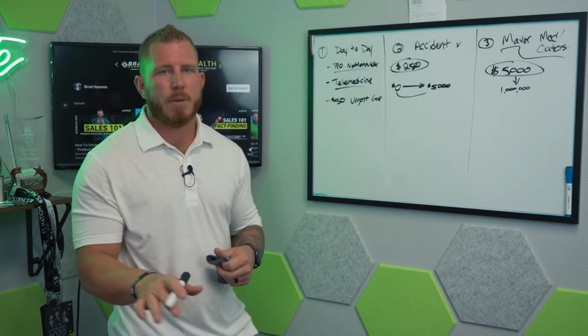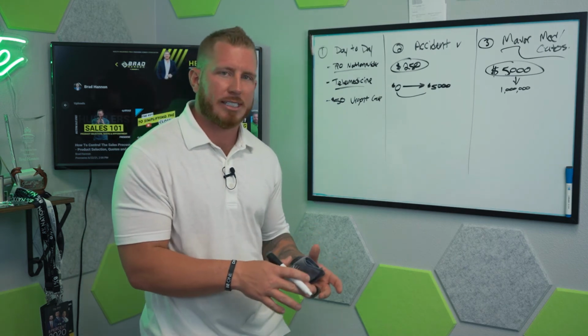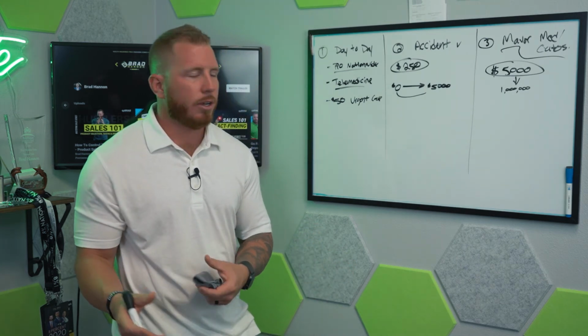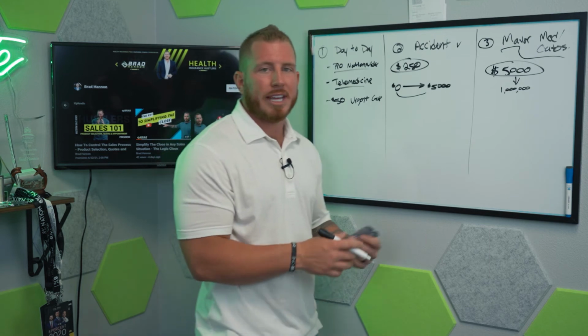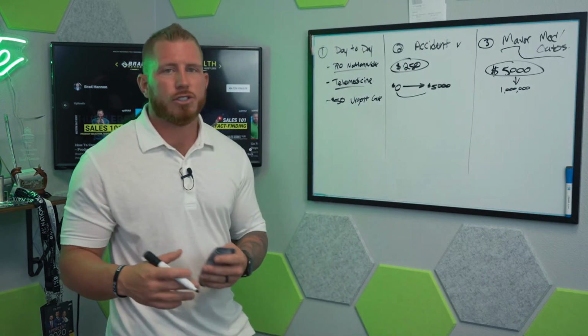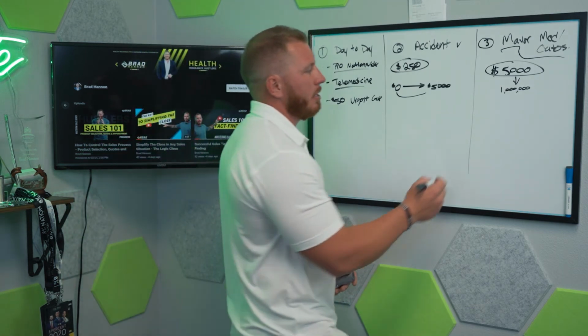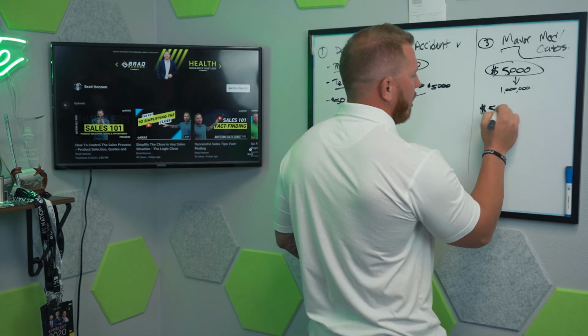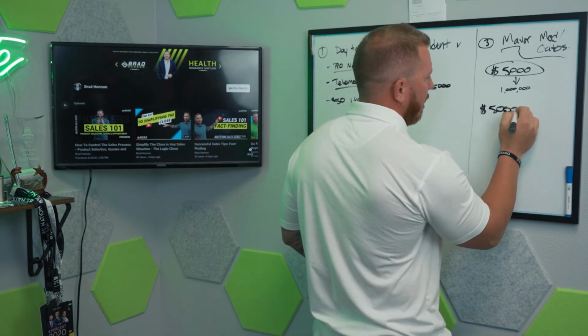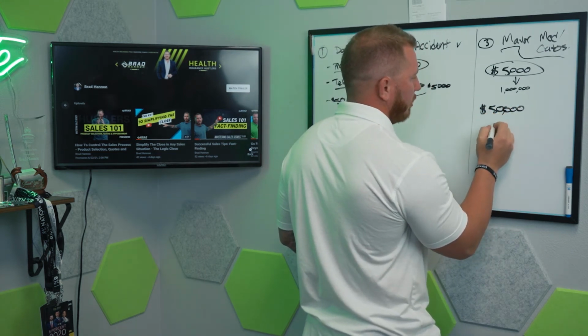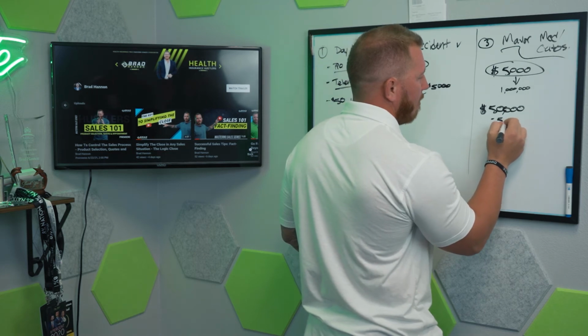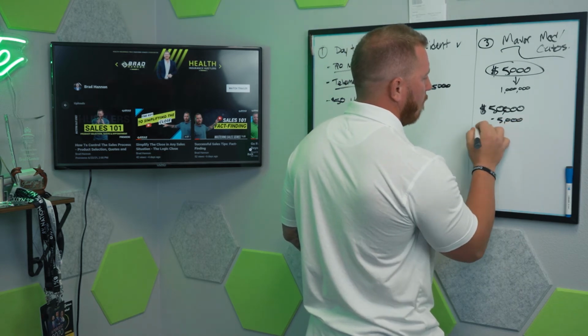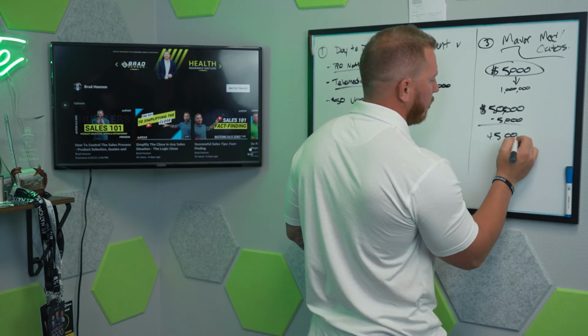But remember what I told you about the fact that the worse your situation gets, the better the plan is actually gonna work for you. Well, if you're diagnosed with cancer on this plan, if you have a heart attack, stroke, something major happens, you have a $50,000 benefit that's gonna help cover your deductible, okay? So you're gonna take $5,000 out of that $50,000, be left over with $45,000.